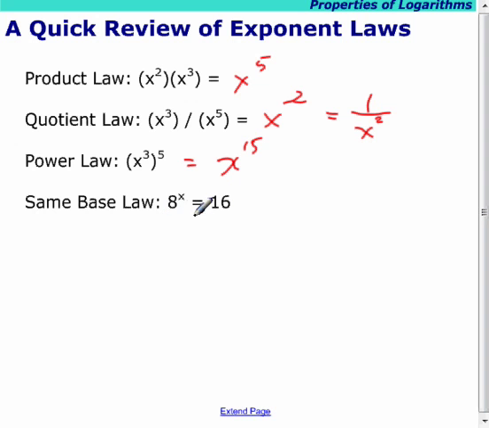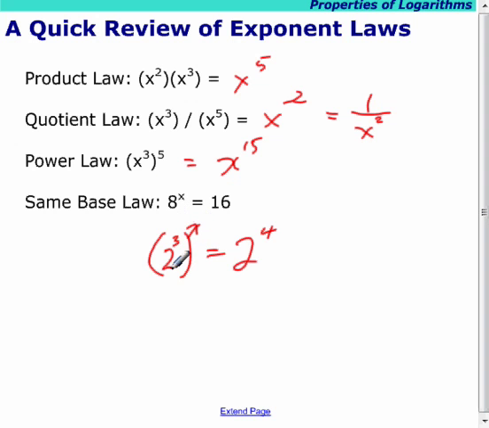This is one law that you may not have looked at a whole lot before, but it's one that's fairly powerful in exponents, especially solving exponential equations. And it says that if you have the same base, that the exponents must be the same. Here I don't have the same base, but maybe I could get that, because I know that 8 is 2 cubed, and I know that 16 is 2 to the fourth.